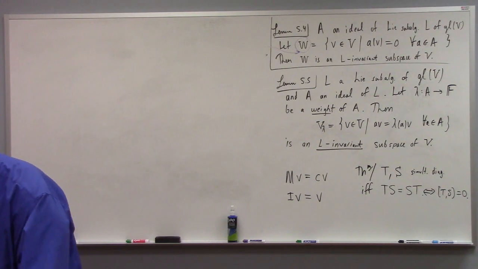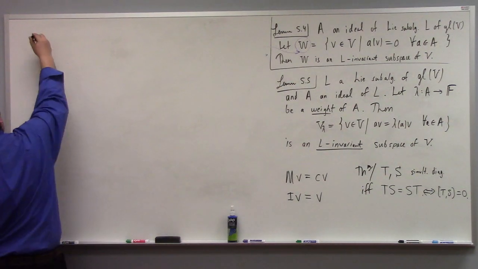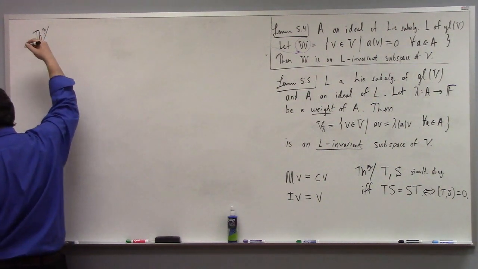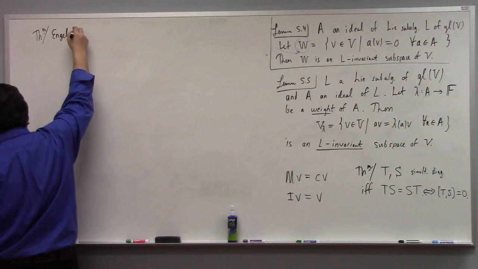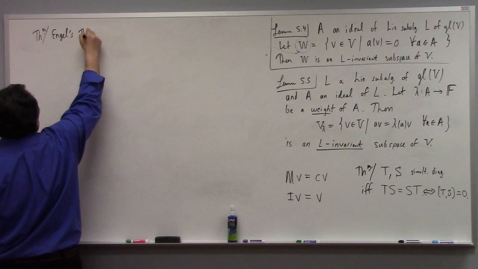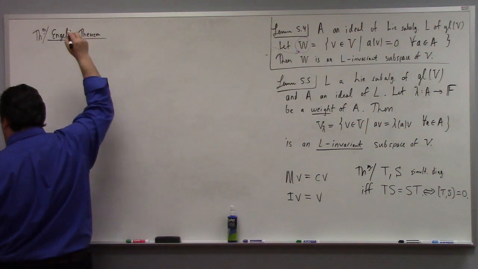I will follow Bill's advice, though, and not prove Engel's and Lie's theorem. Bill says it's more important to show what comes afterwards and how these things work together. And I guess I understand. I mean, the proof of these is fun. Anyway, so here it is, Engel's theorem.